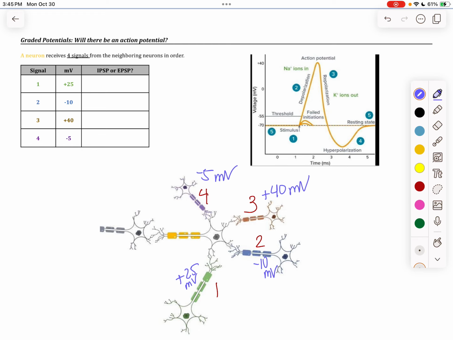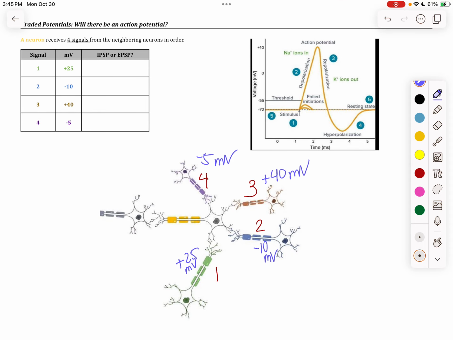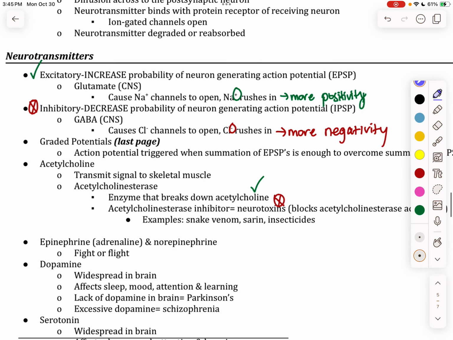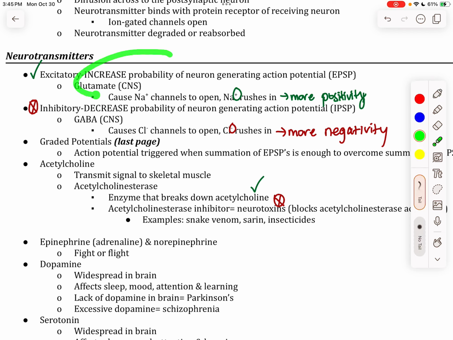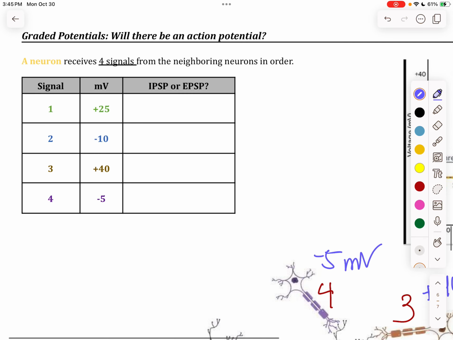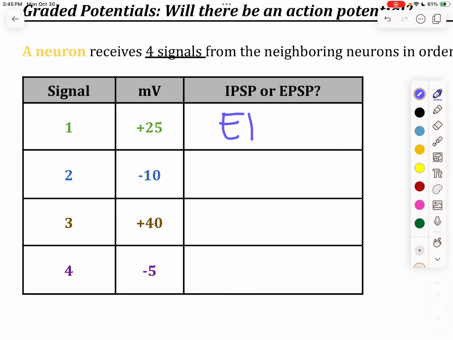First, my question is, is signal 1 going to be an IPSP or an EPSP based on our previous definitions? Plus 25 is going to increase the probability of the neuron generating an action potential, so it's an EPSP, an excitatory signal.